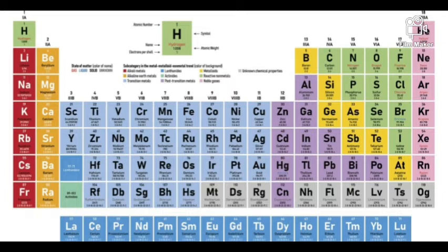They include alkali metals, transition metals, lanthanides, actinides, and alkaline earth metals. A very few elements in the periodic table are non-metals. These non-metals are present on the right hand side of the periodic table.